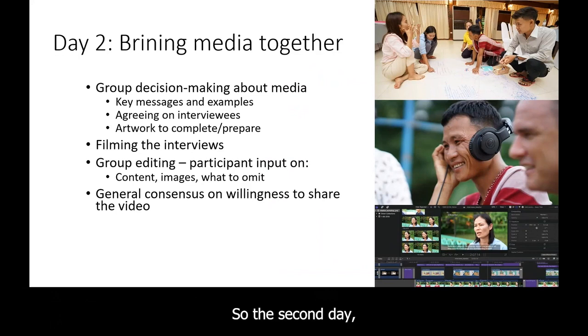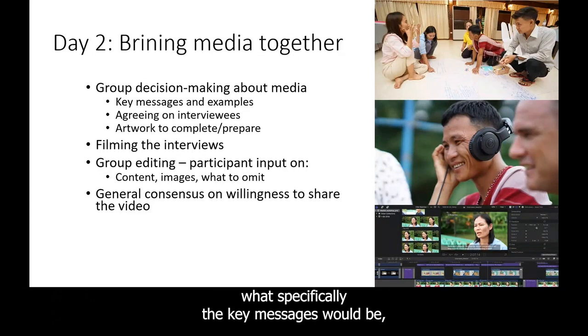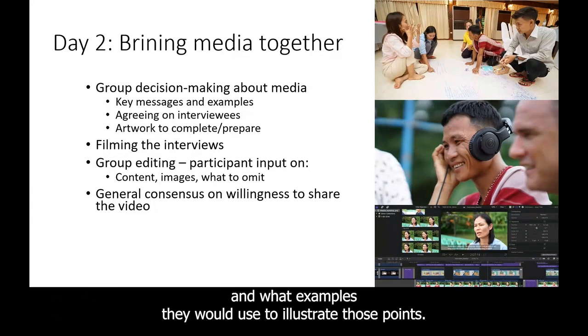So the second day, we had more of a formal decision making about what the film would include, what specifically the key messages would be, and what examples they would use to illustrate those points.